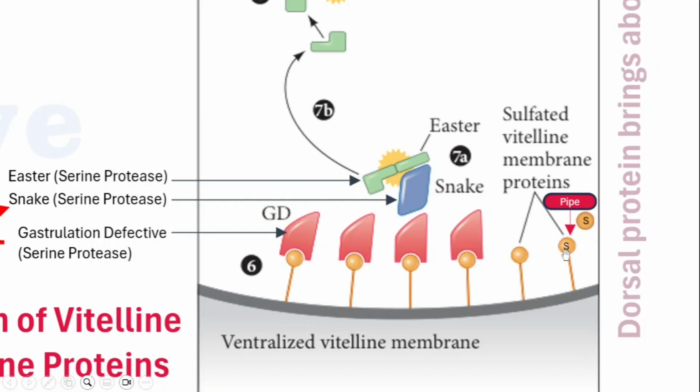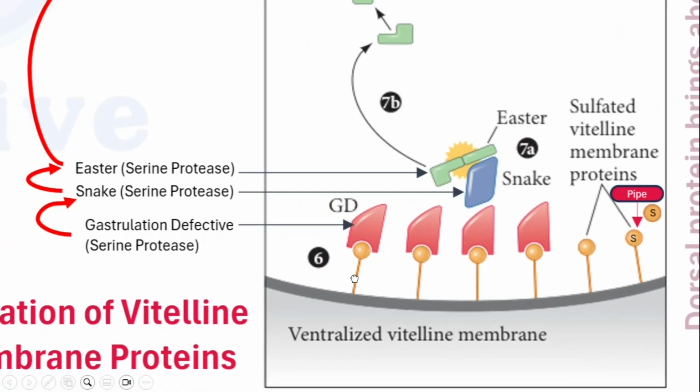This pipe protein will sulfate these vitelline membrane proteins, and the sulfated vitelline membrane proteins will act as a docking site for another specific protein, GD, which is gastrulation defective. This gastrulation defective is a type of serine protease. This serine protease will cleave another protein, which is snake. Now this GD is cleaving snake protein, and snake protein itself is also a serine protease which is cleaving another protein, which is easter.